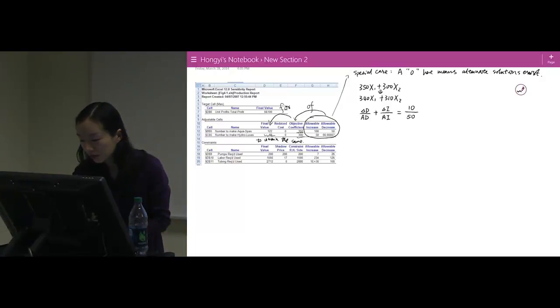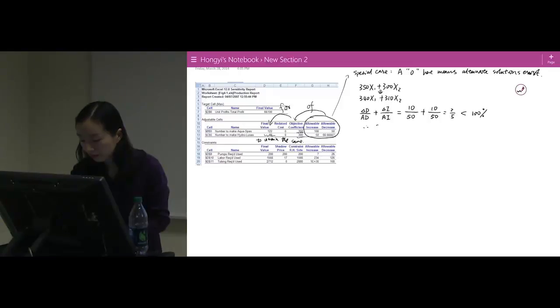Divided by 50 plus, it happened to be 50 here too. In this case, it's an increase, so it's 10 units divided by allowable increase. In this case, you need to look at the increase, that's again 50. Okay, which is less than 100%.